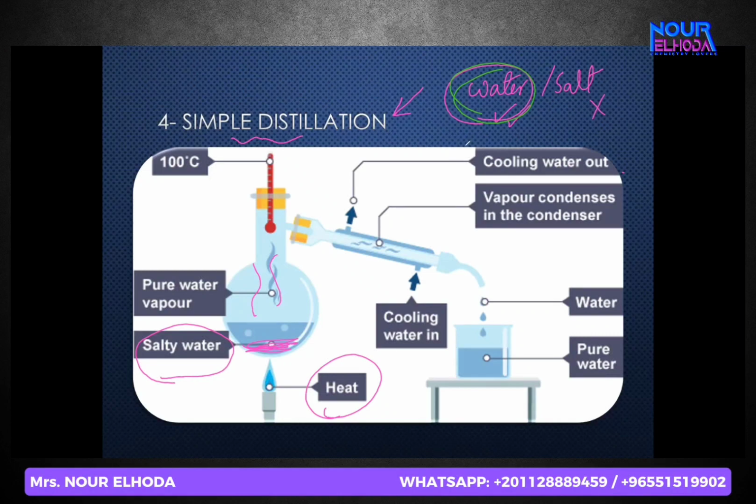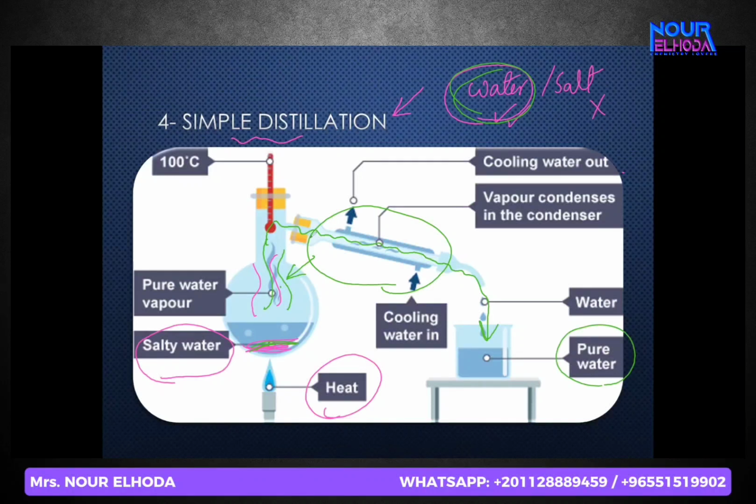It was there in the picture, but I'm not going to use it. Once I heat the water, all the water will evaporate and salt will remain. But I want the water, and now it's in the form of a vapor. So what will I do? I'm going to put a condenser. What does this condenser do? The condenser is going to condense all the water vapor and give it out in the form of water, pure liquid water.